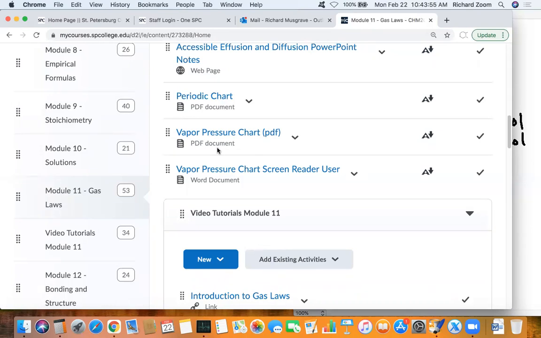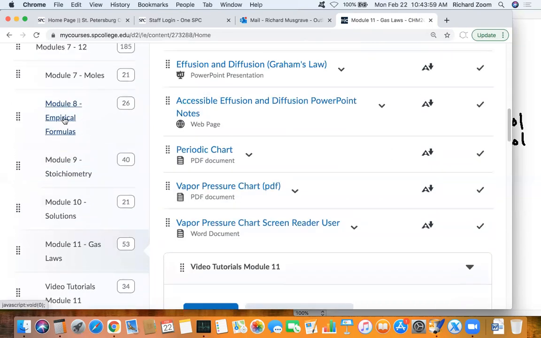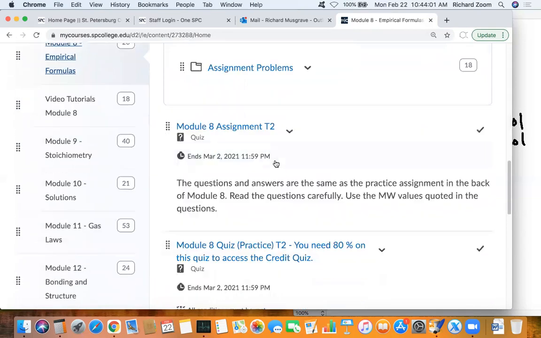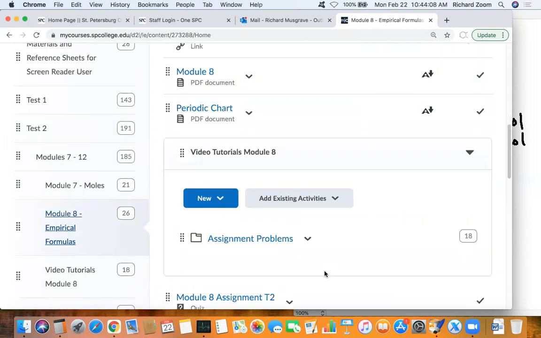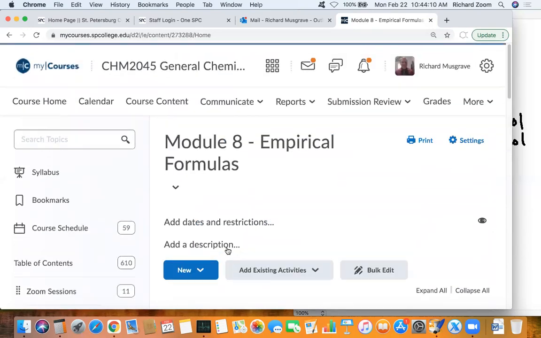It's also in the title of each one. So let's have a look. I'll show you something here. Module 8 quiz practice. You need 80%. No, actually, it doesn't say that here. All right, you're right. It doesn't say it on the things, but it does say it in the syllabus. But you need 80% on the practice quiz to get to the credit quizzes as well. Okay, thank you.